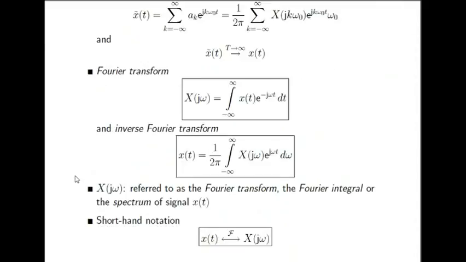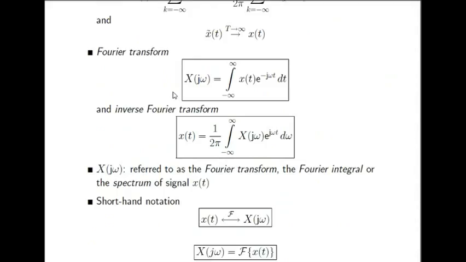So x cap t is the sum over k equals minus infinity to infinity of a_k e to the power j k omega naught t, which equals 1 upon 2 pi times the summation over k equals minus infinity to infinity of X of j k omega naught e to the power j k omega naught t times omega naught. So here you can see that as T tends to infinity, x cap t tends to x(t). So now let's see what is Fourier transform.